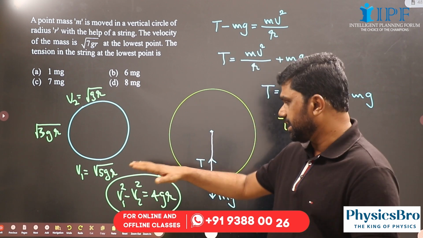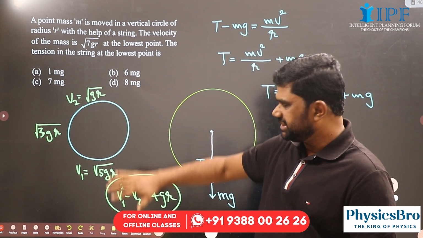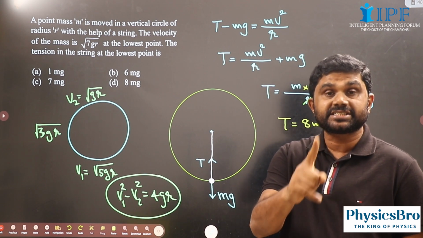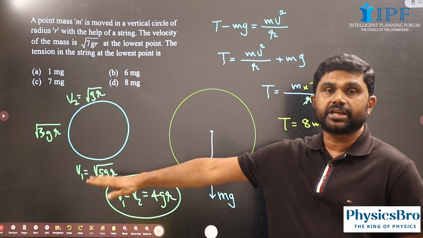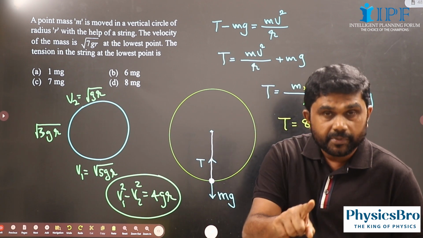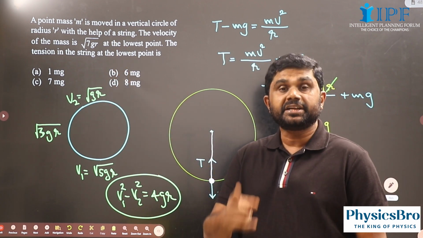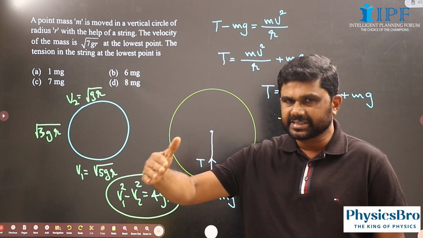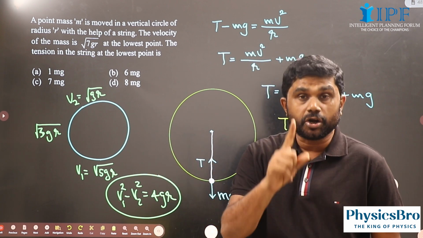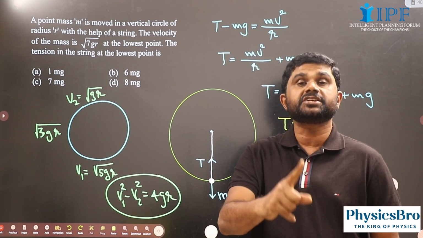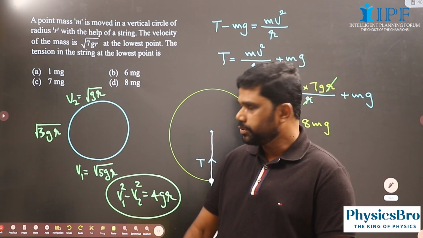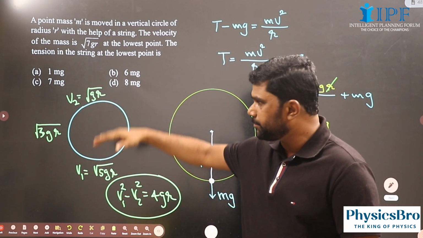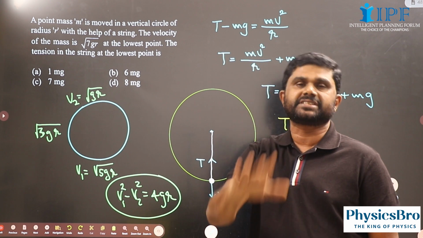Whatever be the velocities at the lowest point and highest point, this relation holds. Also, the tension in the string will be maximum at the lowest point and minimum at the highest point. The difference between the maximum tension and minimum tension is also unconditional, and it is always equal to 6 mg. So v1 square minus v2 square is always 4 gr, and T max minus T min is always 6 mg.